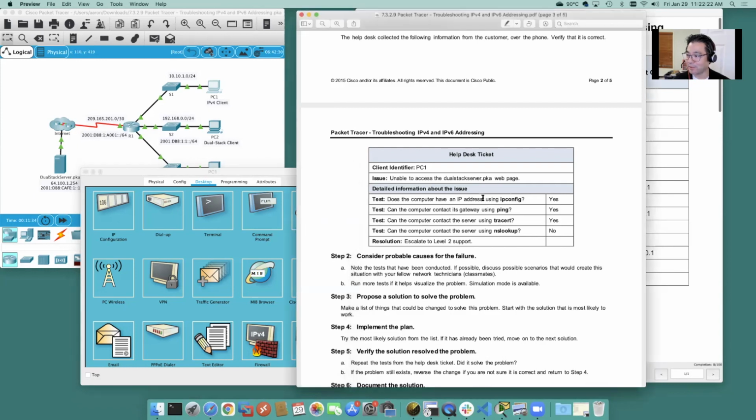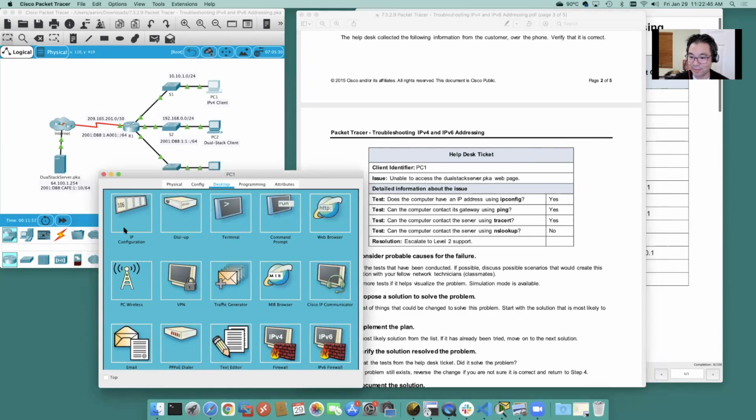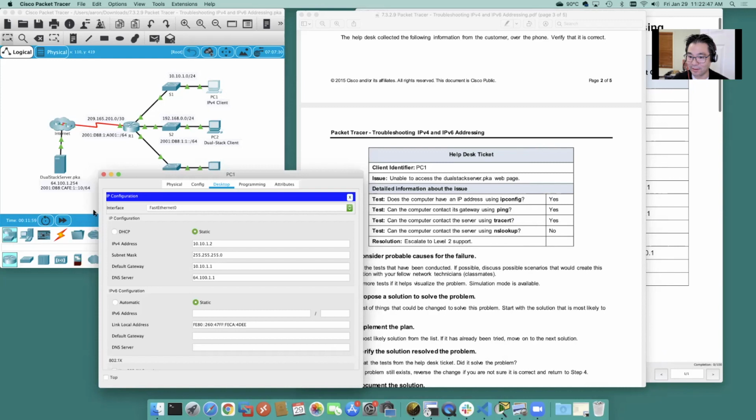The other thing is we don't have a flood of tickets indicating that everybody can't get here. We can just infer we got one ticket. It's one particular PC having a problem.